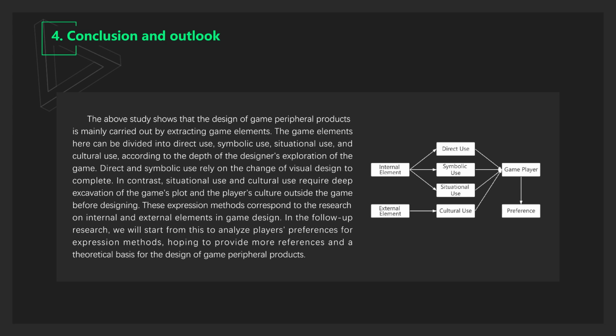According to the depth of the designer's expression of the game, direct and symbolic use rely on changes of visual design to complete. In contrast, situational use and cultural use require deep understanding of the game's plot and the player's culture outside the game before designing.